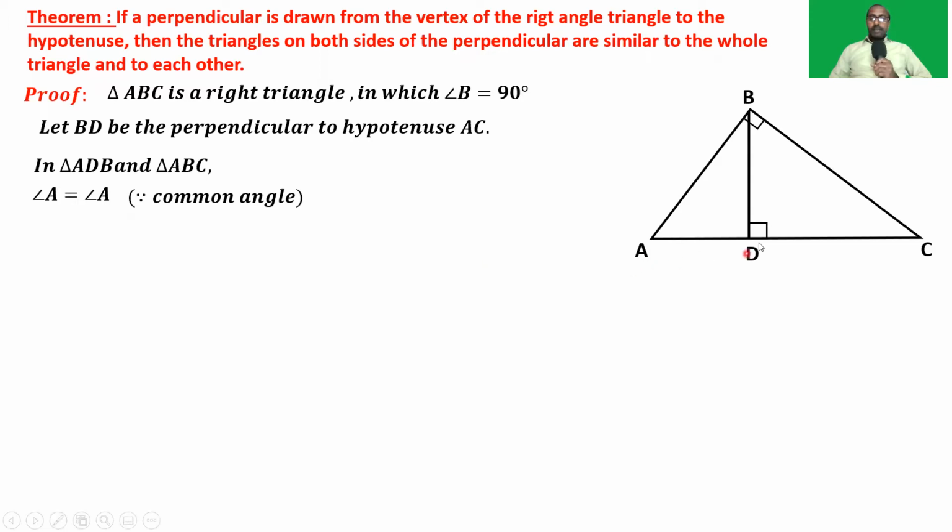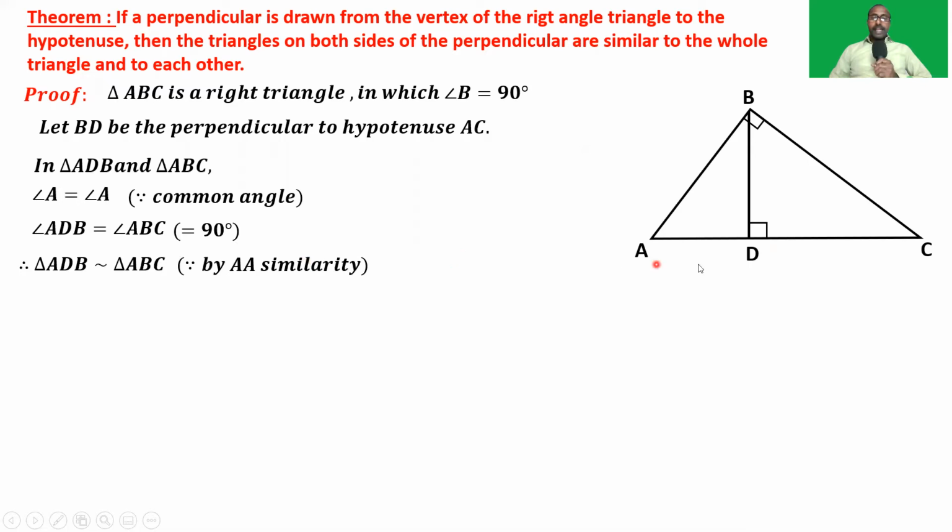And in these two triangles, the right angle is at B and D, so we can write angle ADB is equal to angle ABC, both equal to 90 degrees. So by angle similarity, we can say that triangle ADB is similar to triangle ABC. That is, the triangle on one side of this perpendicular is similar to the whole triangle.